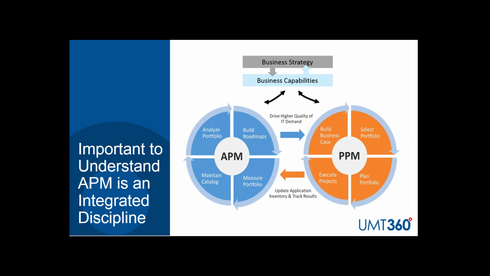Now, these decisions and roadmaps ultimately are executed through a PPM discipline, whether it's onboarding a new application, as I mentioned, whether it's enhancing or retiring or replacing an existing application, is dealt with through your PPM capabilities. So the synergies between PPM and APM are very important, and these are the 2 first portfolios we often see organizations bringing together.